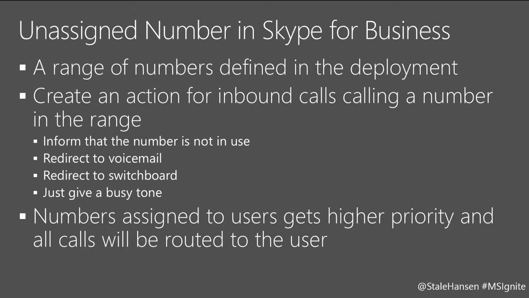Numbers assigned to users from that number range, of course, get higher priority. And the calls will be routed to the user or the response group or whatever. So the range is there to notify those calling that the number is not in use, and maybe you want to have that going to the switchboard.